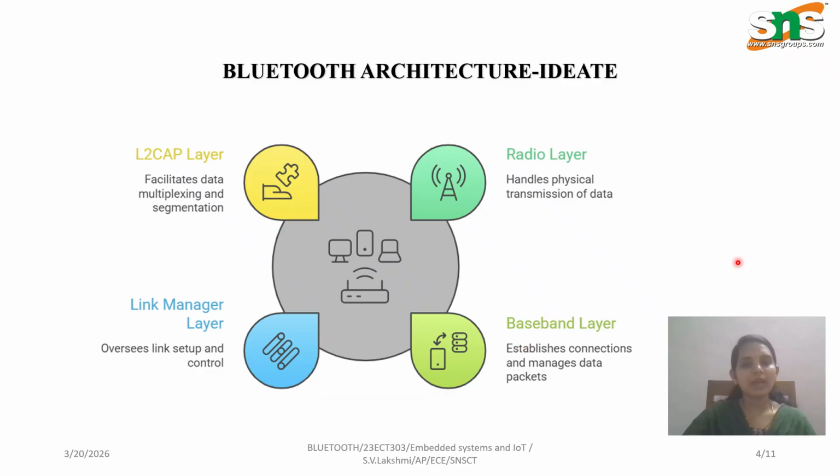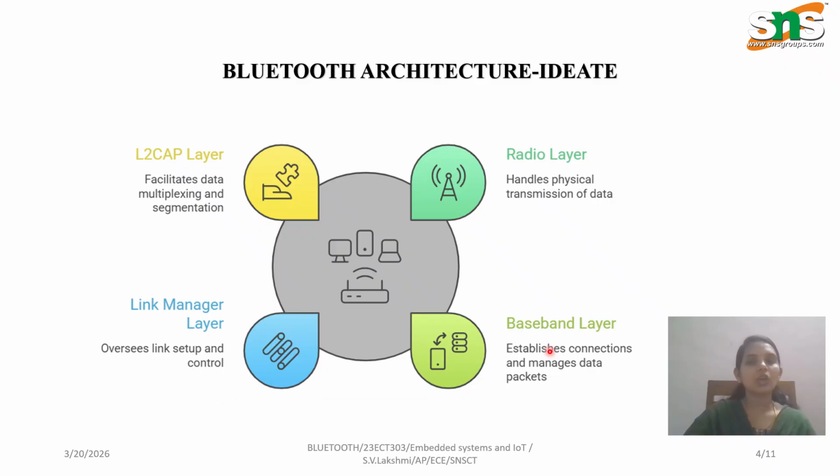Coming to the baseband layer, this manages device addressing, packet framing, error correction, etc., and it also controls the timing and data exchange. The next is the link manager protocol. This establishes and manages the connections. It sets up the connection, handles authentication and encryption, and the power control is handled under this layer.